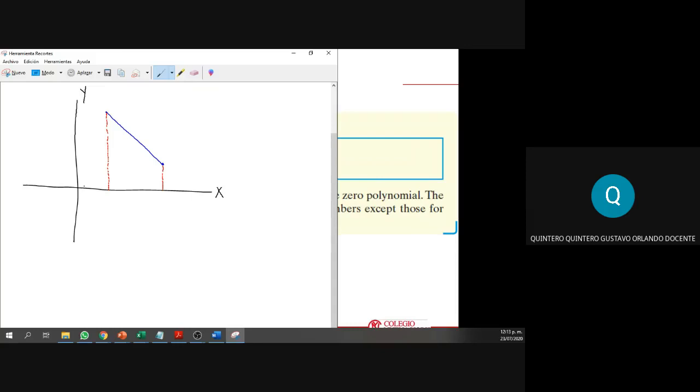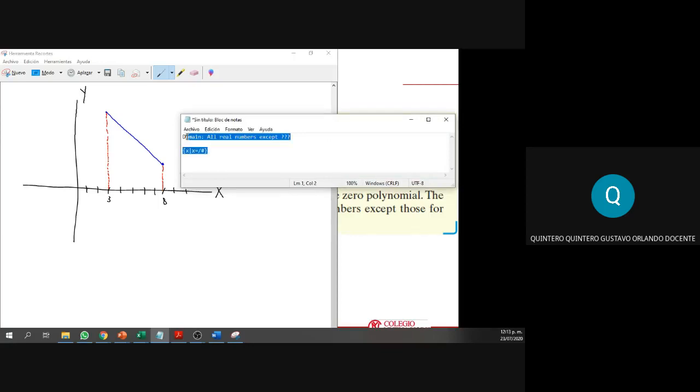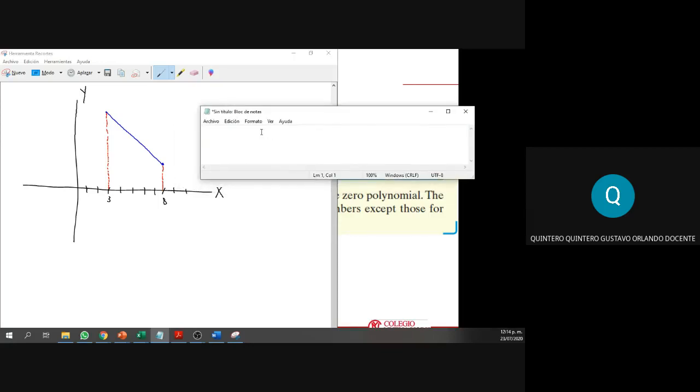Now let me put numbers in here. Let's say this is 1, this is 2, this is 3, 4, 5, 6, 7, 8, 9, 10, whatever. So what would be the domain there? Now, I'm going to do it with this block de notas, because I hate having to write with my mouse.